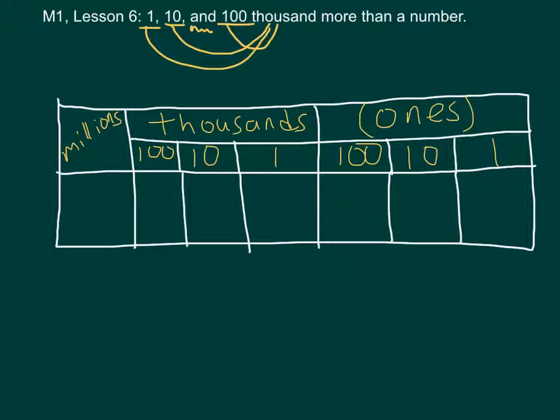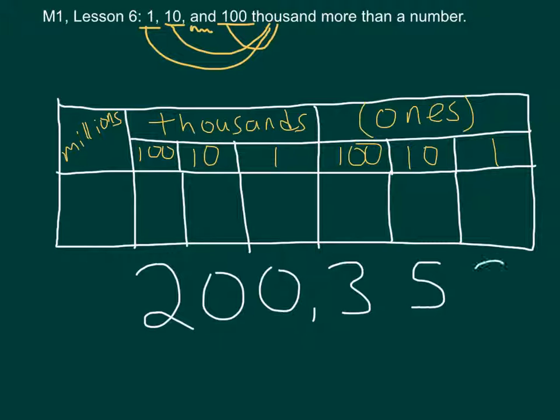Okay, our last section is 100,000 more than a number. So let's take a number like 200,000. Oh, I don't want to put it there. Hold on a second. Let's put it down here. 200,352.